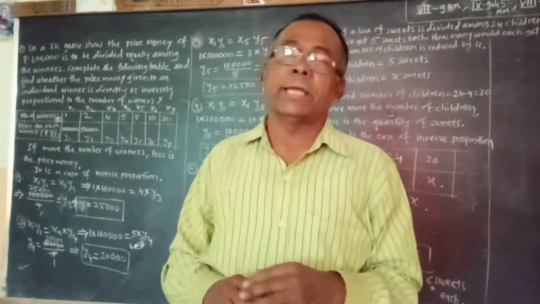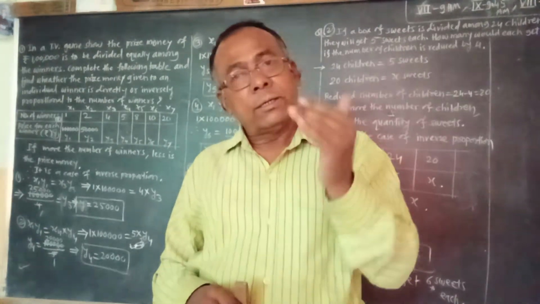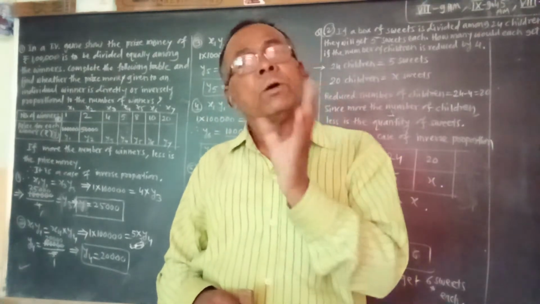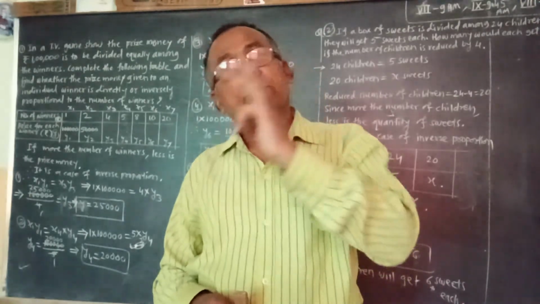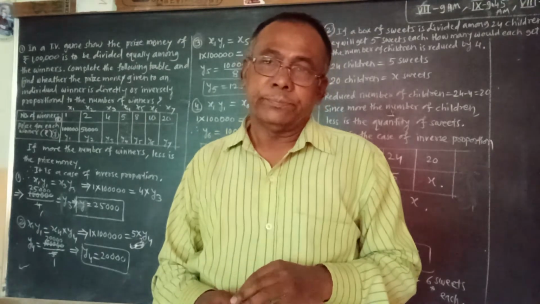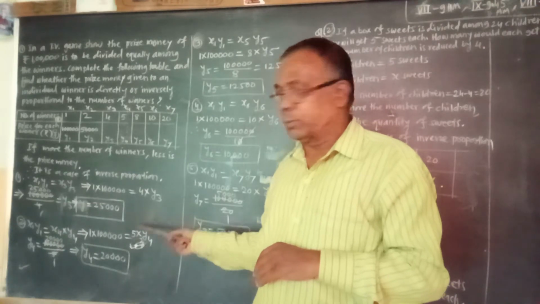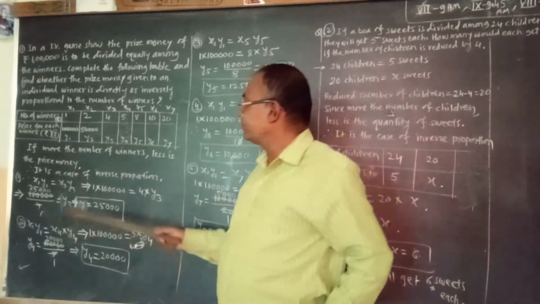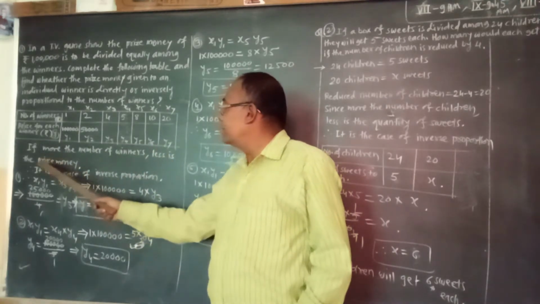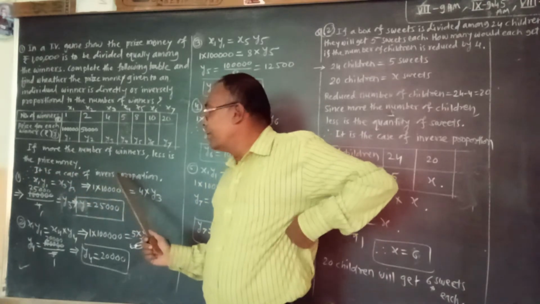And last time we saw that if x is less and y is more, or x is more and y is less, then such an example is a case of inverse proportion. Therefore it is the case of inverse proportion.